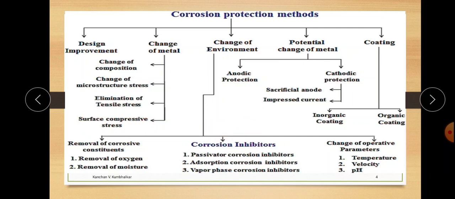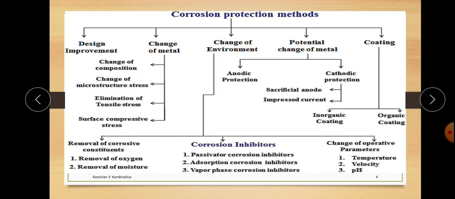By employing any one of the methods, which is helpful to minimize the corrosion rate, because we know that if you use a maximum purest metal, it reduces the rate of corrosion. Some corrosions are because of the stress, which is known as the stress corrosion, and by minimizing the tensile strength or compressive strength, you can minimize the rate of corrosion.